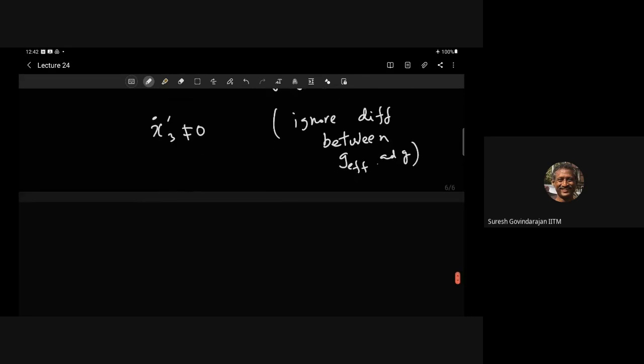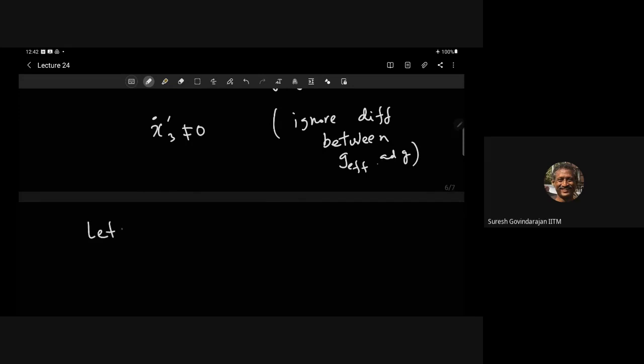Okay. So let's solve for the equations in the non-inertial frame.